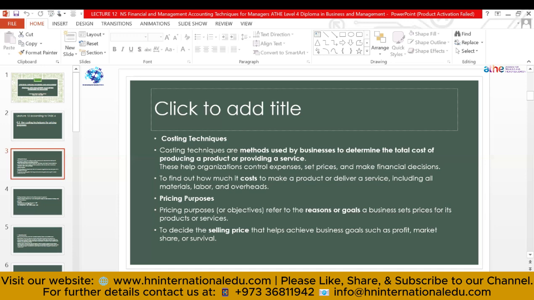Now, what are the pricing purposes? These are the objectives, which refer to the reasons or goals a business sets the prices for its products or services. Now, a normal chocolate is not expensive at all because we are directly getting it from the cocoa. But when we are processing it, reducing it into different variants, quality, flavors, and standards, the price changes automatically and the flavor too.